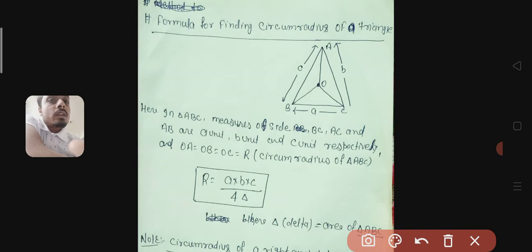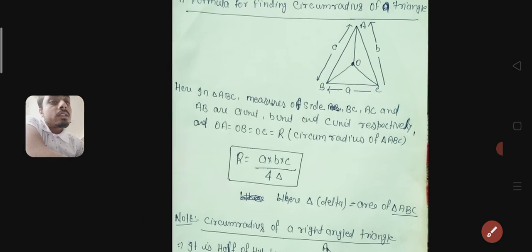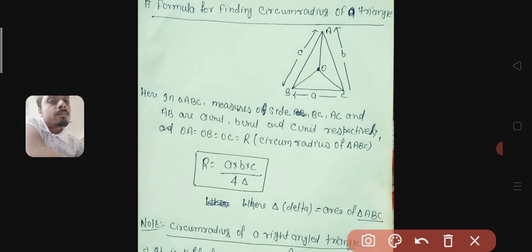So in triangle ABC, the sides BC, AC and AB measure a, b and c respectively, and this distance and this distance are the circumradius. OA, OB, OC are circumradii. The formula is: R, the circumradius of this triangle, equals the product of all three sides divided by 4 delta. Here delta is the area of triangle ABC.